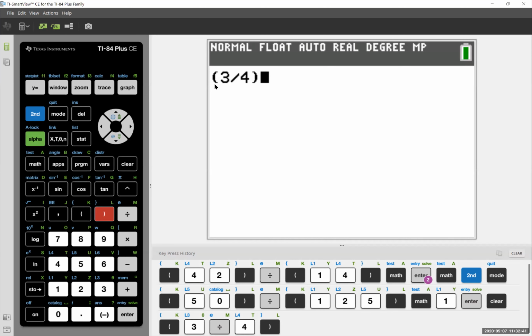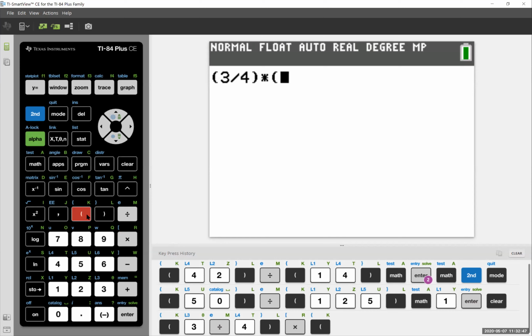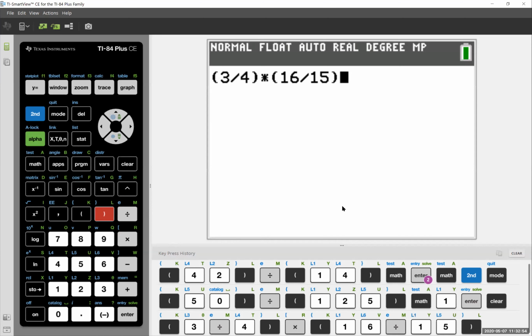So I'm saying the fraction 3/4 times, start another parentheses, the fraction 16 divided by 15, end of the parenthesis. And this makes it extraordinarily clear to the calculator that I have a fraction multiplied by another fraction.